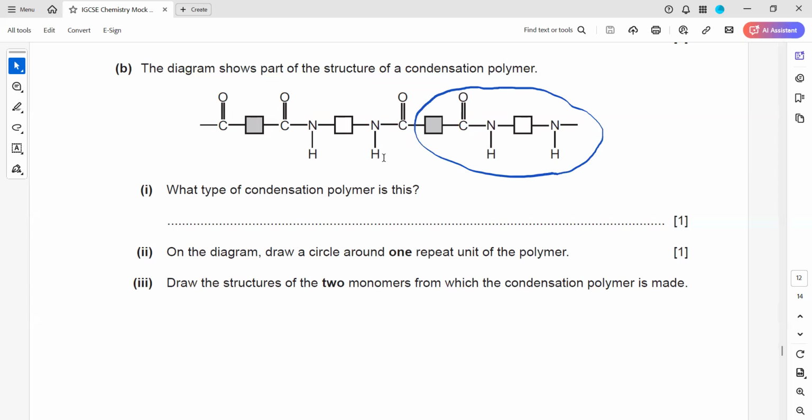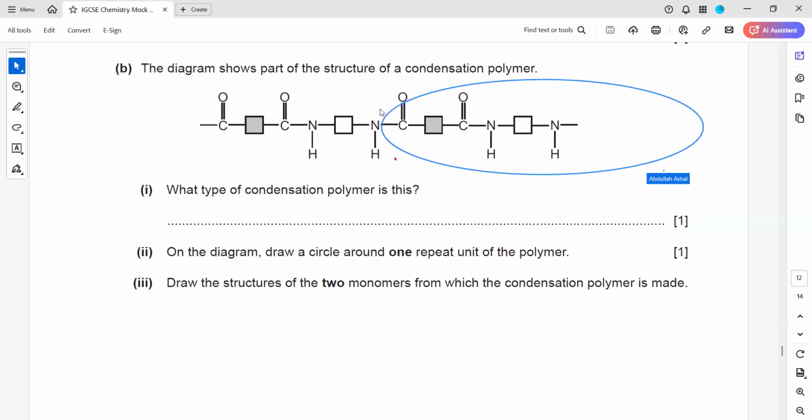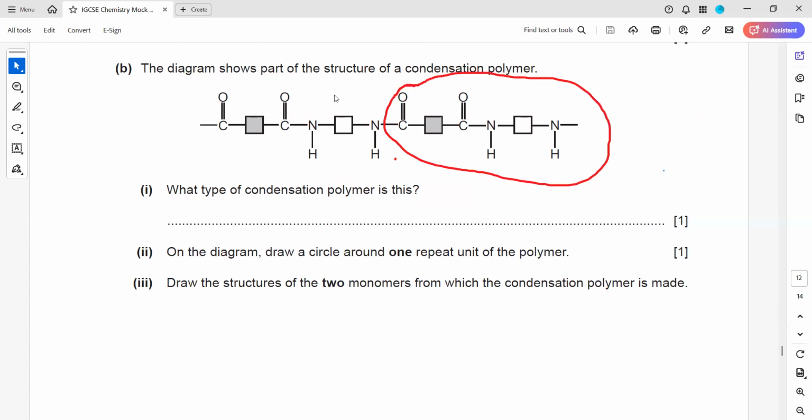Where the structures start to repeat, you have to include this as well. This is not correct. Yes, this, because if you circle this one and you circle the other one, you'll see that what is inside these two circles is identical.